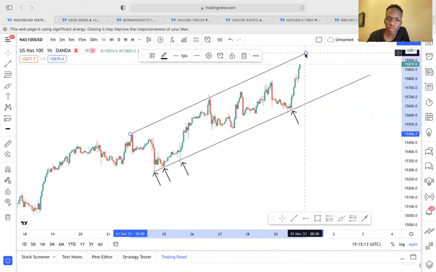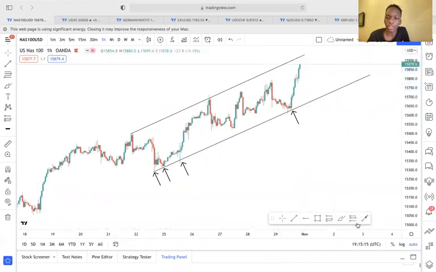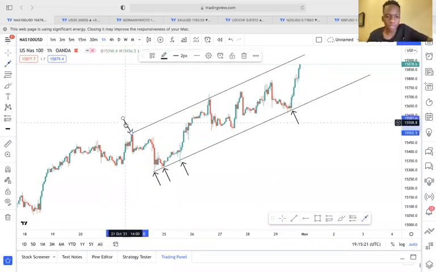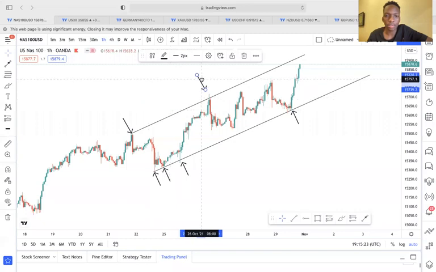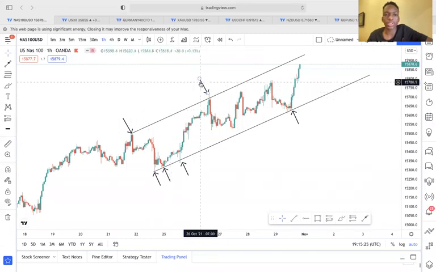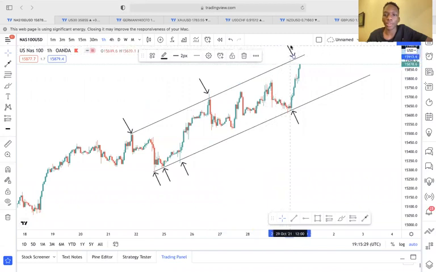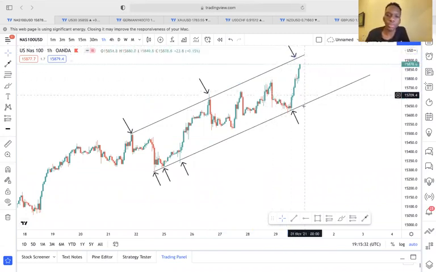Yeah, I just want to connect it properly. Yeah, there we go. So you can anticipate a third touch. So you can see we have touch number 1. Touch number 2. So now anticipating touch number 3, guys. Strictly technical, keeping it clean, keeping it simple, right?